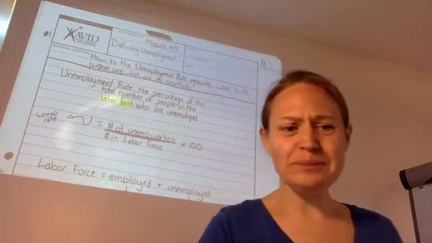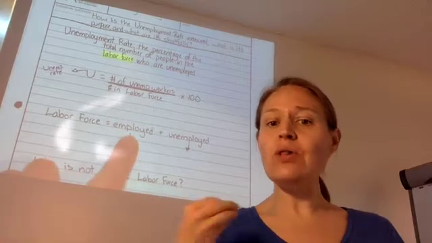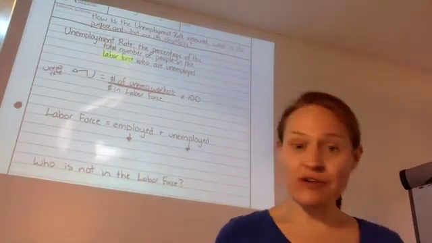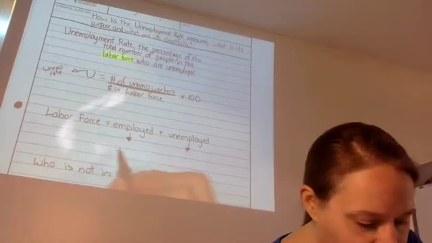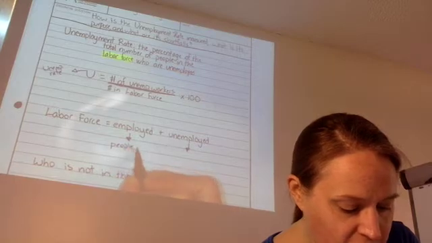I apologize for that. Okay, so here it says labor force equals employed plus unemployed. Well, employed is an easier word to define. Employed is just people who have jobs.